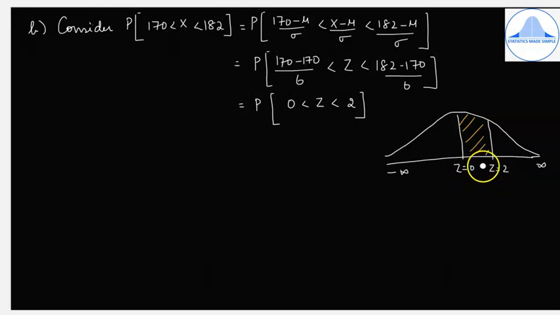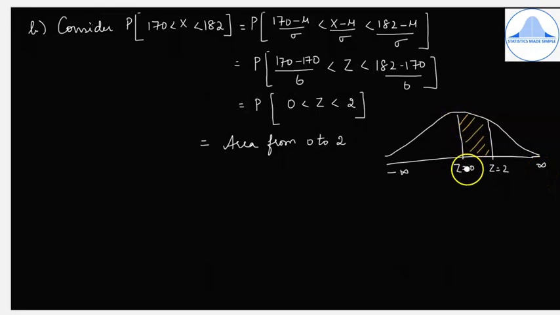The area which is shaded is from 0 to 2, but from the tables we can find the area from z to infinity, not from one number to another number. So first let me write the area which I have shaded. This is equal to the area from 0 to 2. I cannot find 0 to 2 from the tables, but 0 to infinity or 2 to infinity I can find from the table.